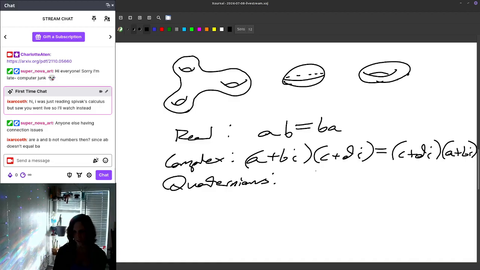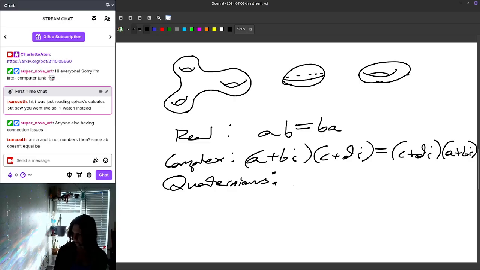It sounds a little fantastical at first, but the multiplication for these, which you might consider to be numbers, is non-commutative, but it obeys all the other nice rules of algebra that you would like, and these are actually quite useful. People really advocate for them in representing rotations in three-dimensional space.